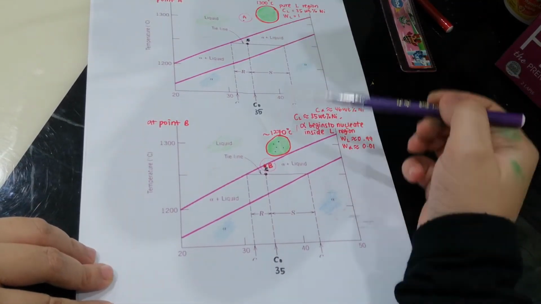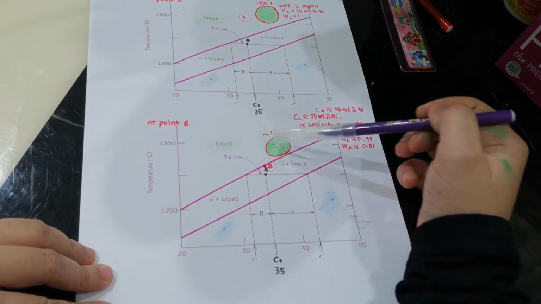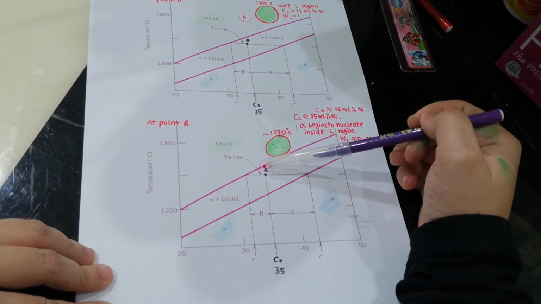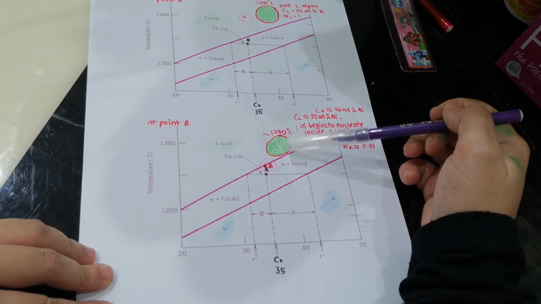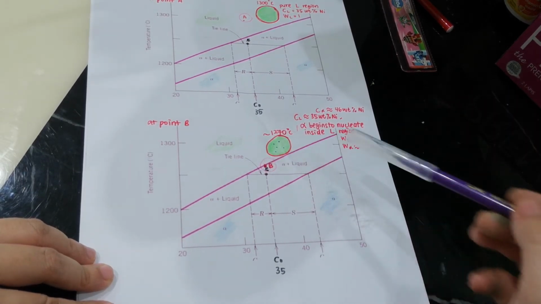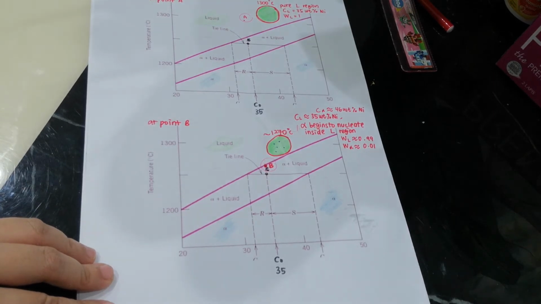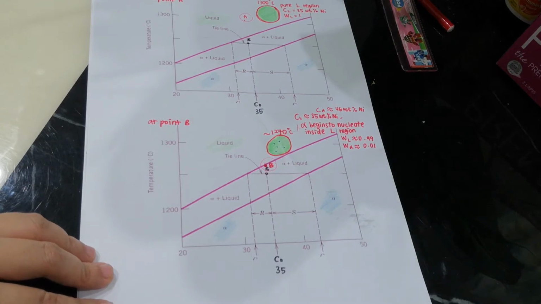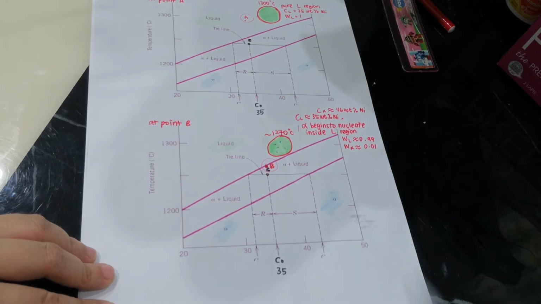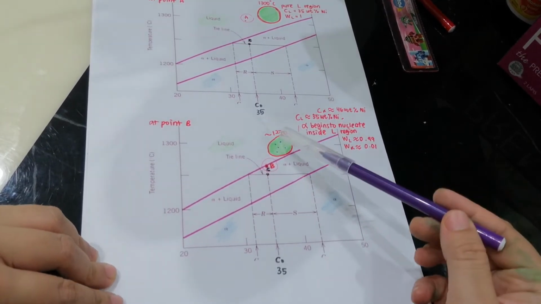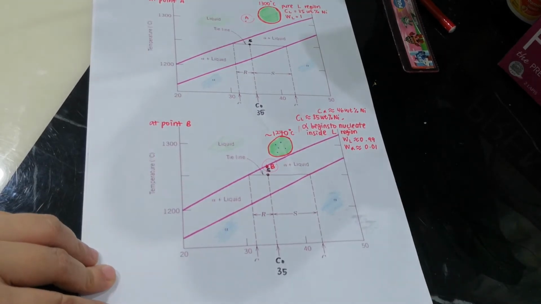Upon cooling, at point B, at a temperature of 1270 degrees Celsius, just slightly below the liquidus line, the microstructure here is mostly liquid, but alpha phase begins to nucleate.